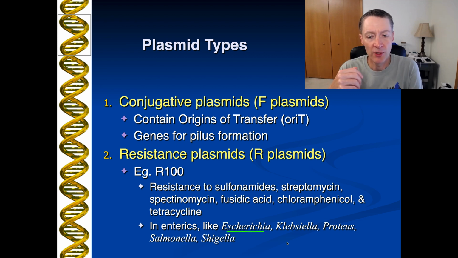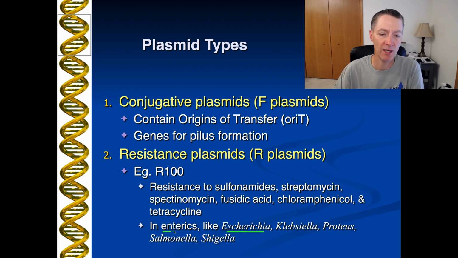And these organisms, these enteric organisms, are all found in the intestines. And many of them are common normal flora that we live with in harmony. But if they find their way into places other than the intestines, if there's fecal contamination of something, then it can cause some real problems.